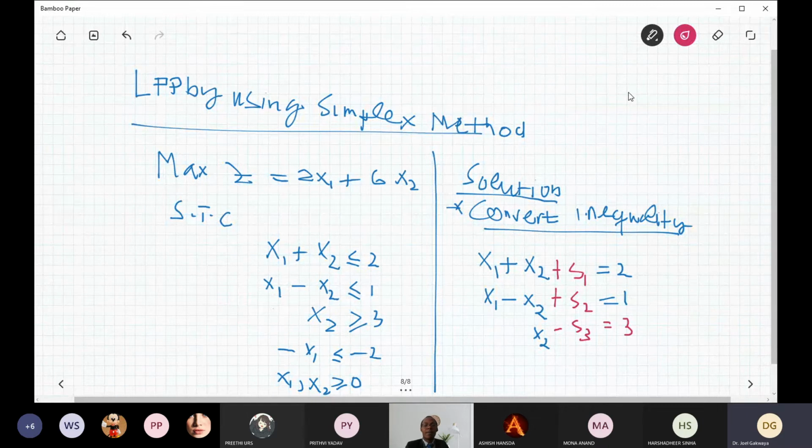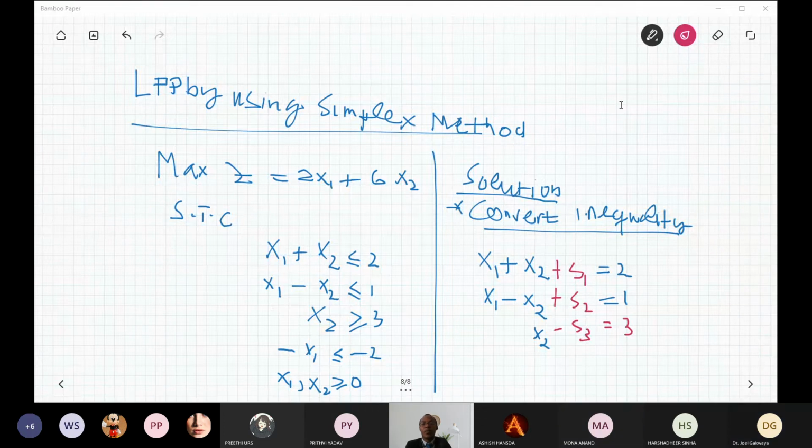Now, what is next? What is the constant number 4? Surya is there, or Mona Nandi? Mona is there. Yes, sir. What to do for the fourth constant?